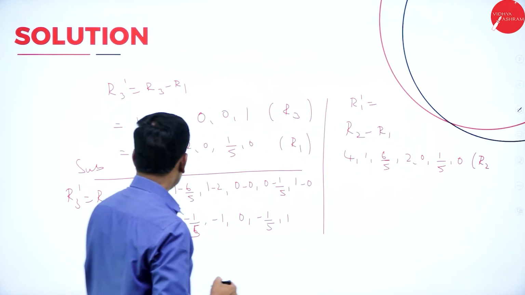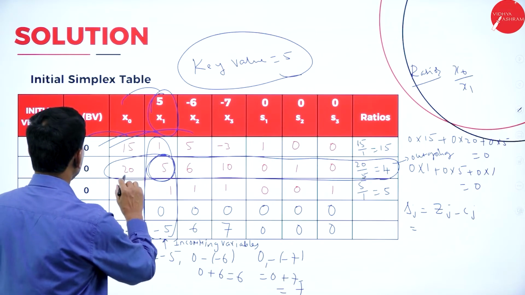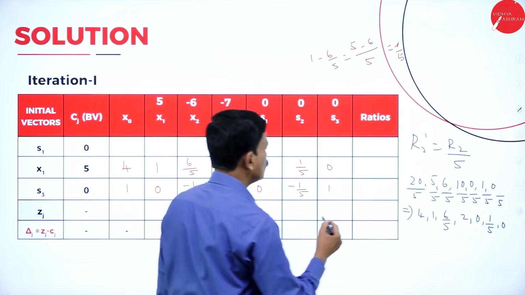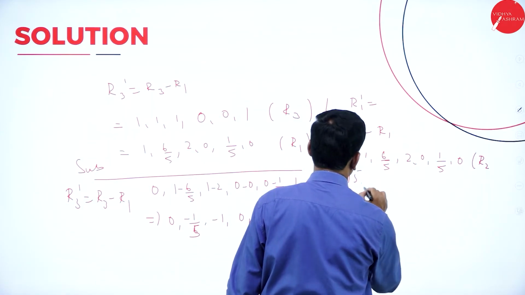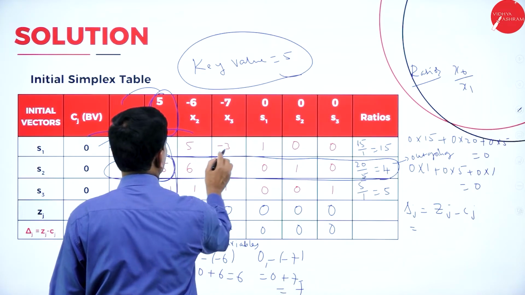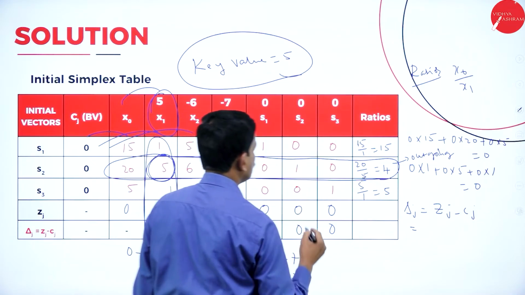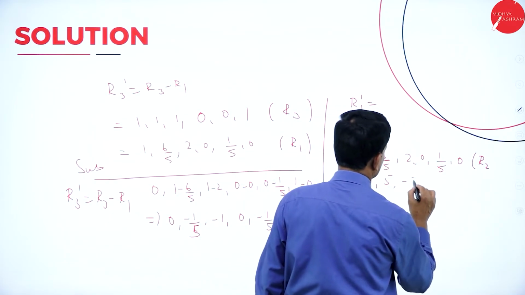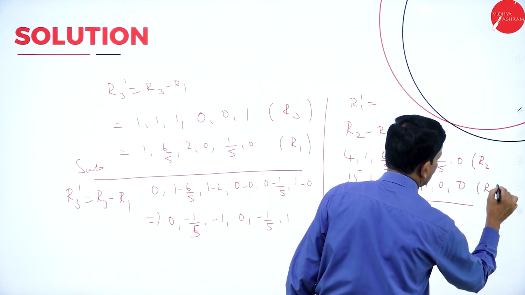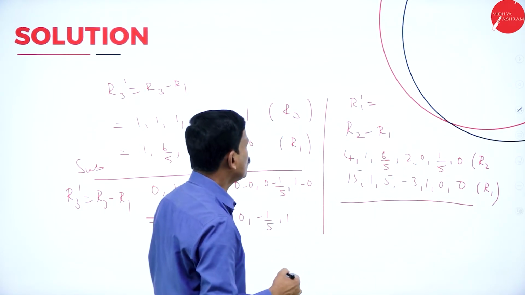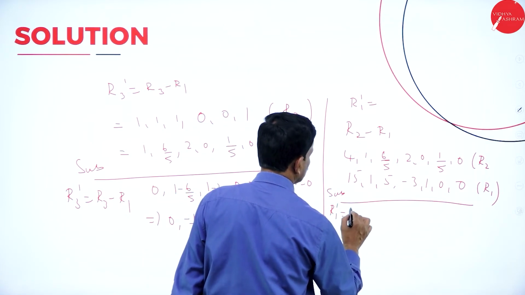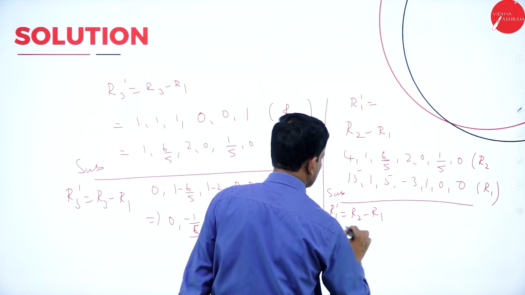Now what is R1? We have R1 as 15, 1, 5, minus 3, 1, 0, 0. This is R1. Subtract these two: R1 dash is equal to R2 minus R1.